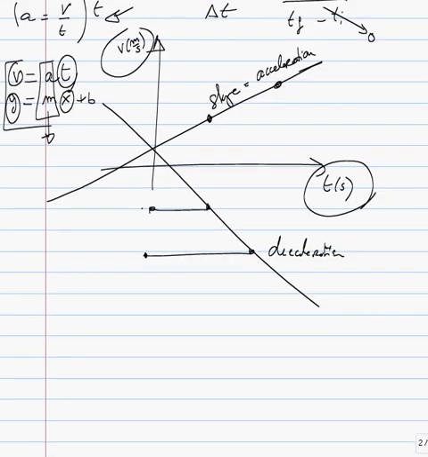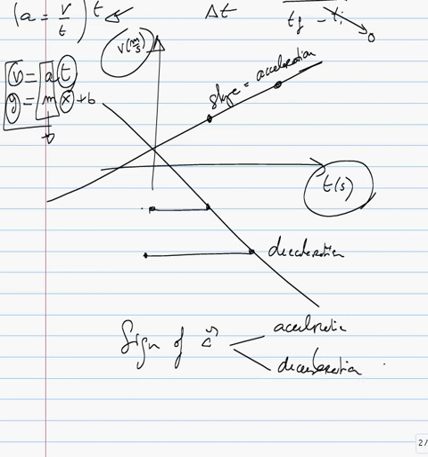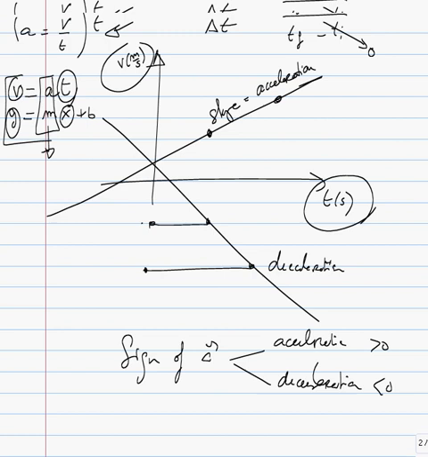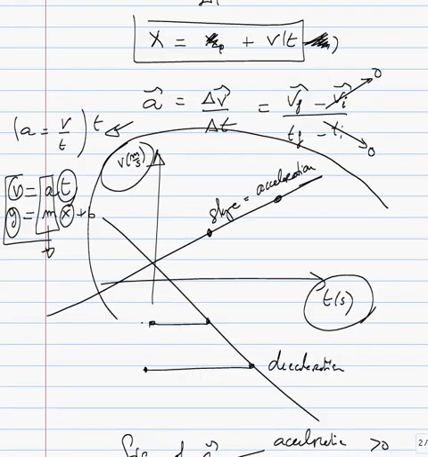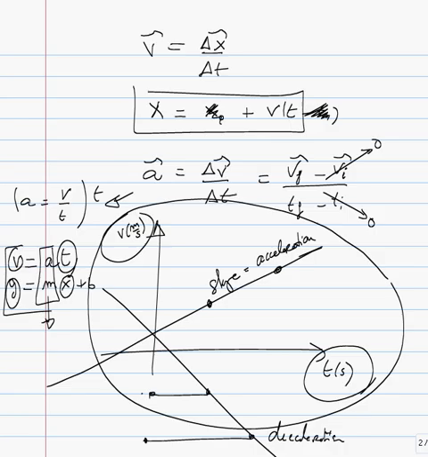So the sign of the acceleration doesn't tell us anything about the direction. It tells us whether we're going faster or slower. But the way that we're going to analyze those v versus t graphs is going to be exactly the same, following the same methods as when we used to analyze x versus t diagrams.